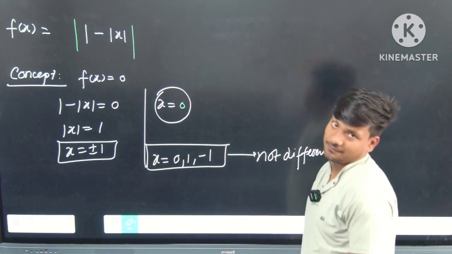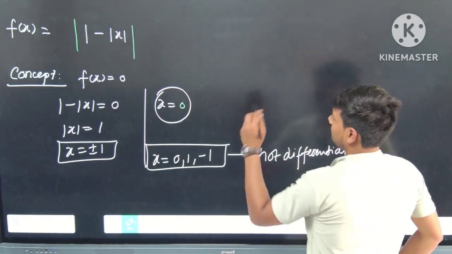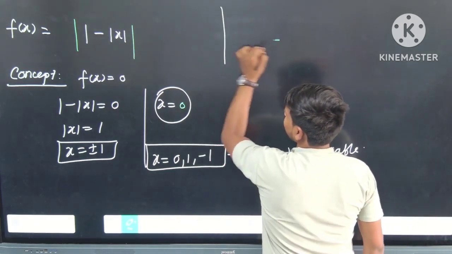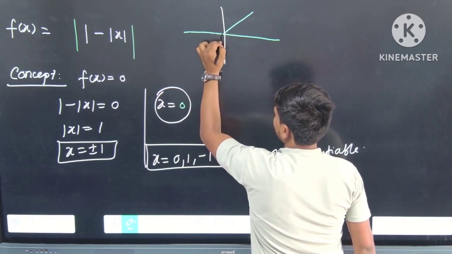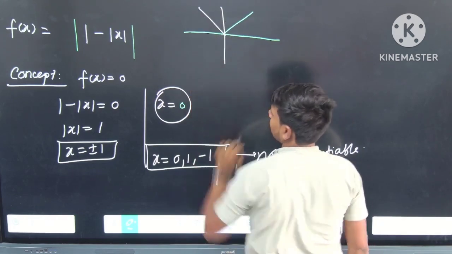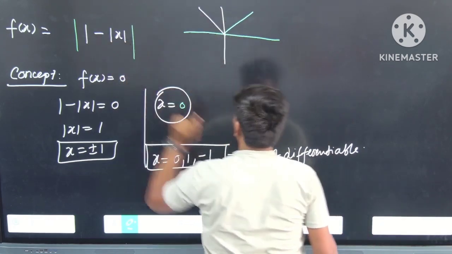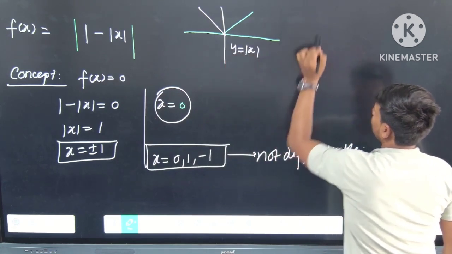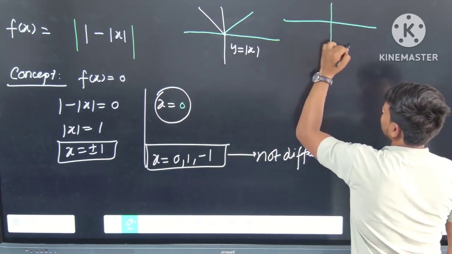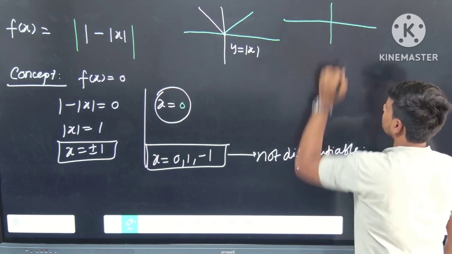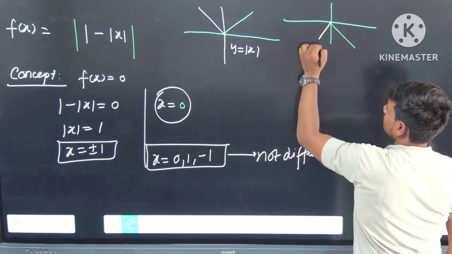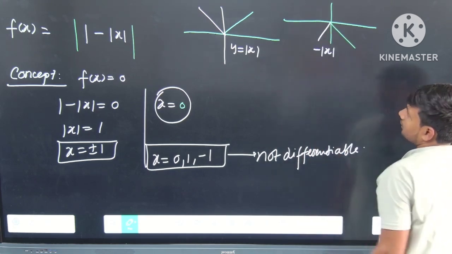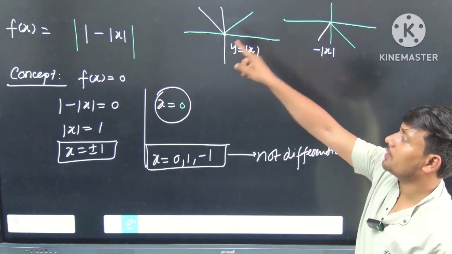Now we will see the graph. First we will draw the graph of mod x. This is y equals mod x. Now minus mod x is like this one. This is minus mod x. And after that we have to add 1.